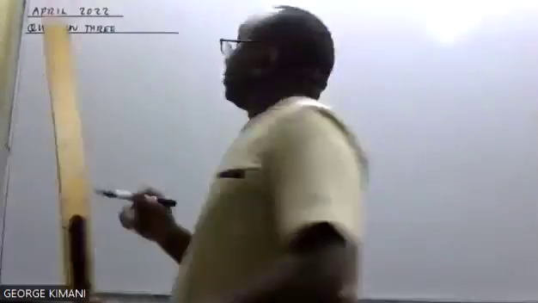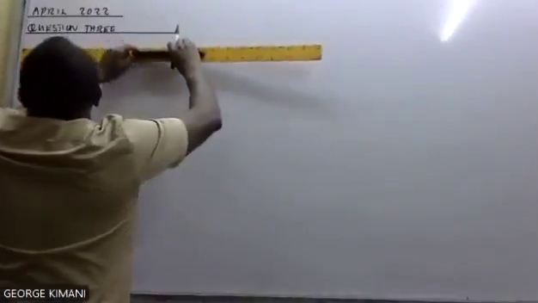I told you when you read these questions from sampling theory, the first thing is to know whether the question is hypothesis testing or confidence interval. Now, this question is on confidence interval.